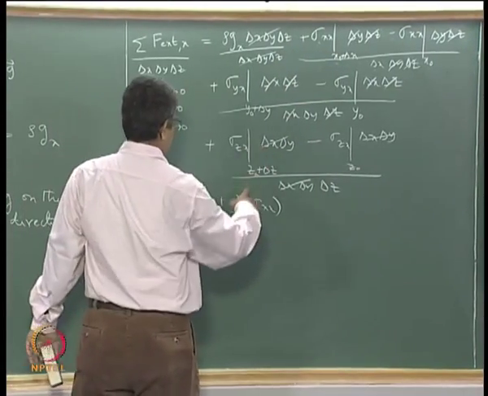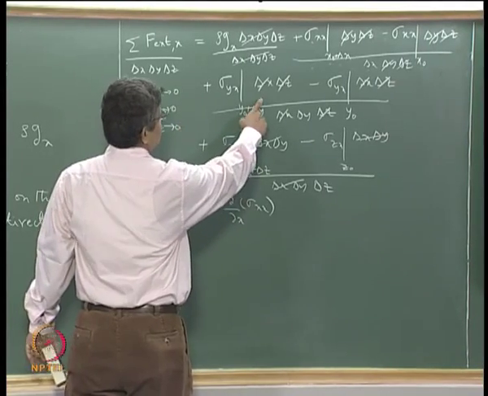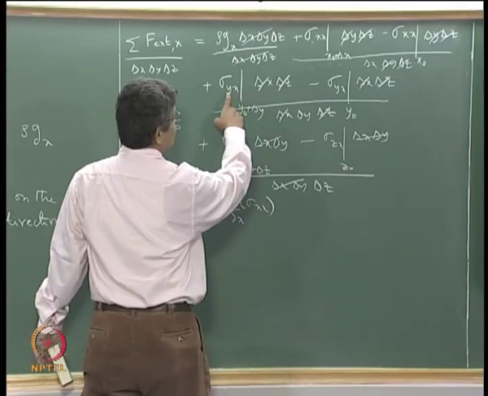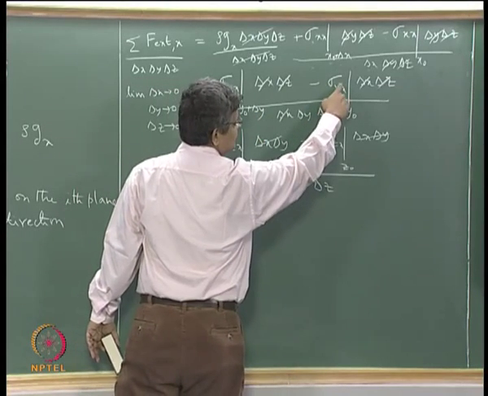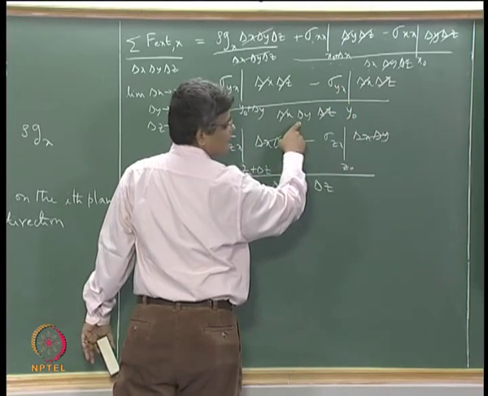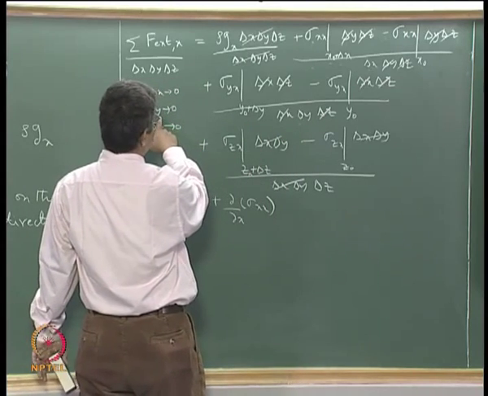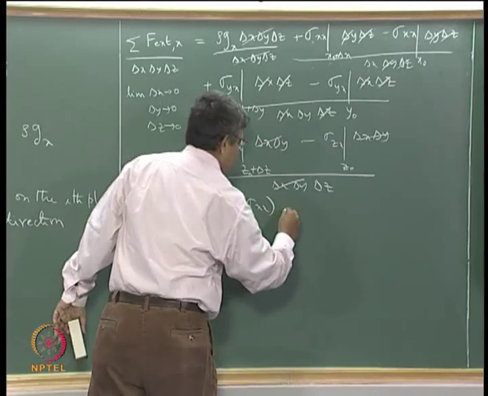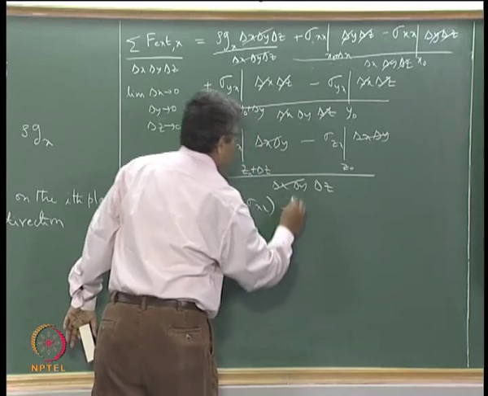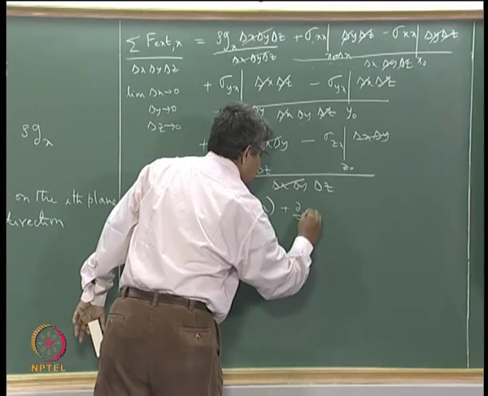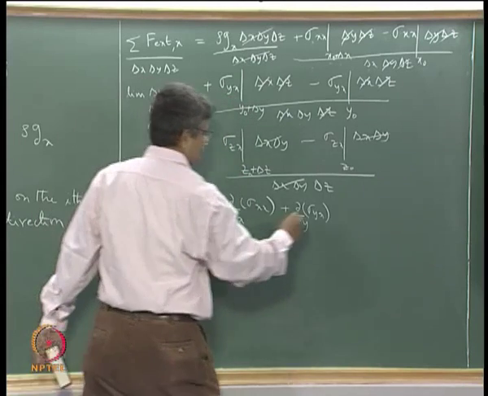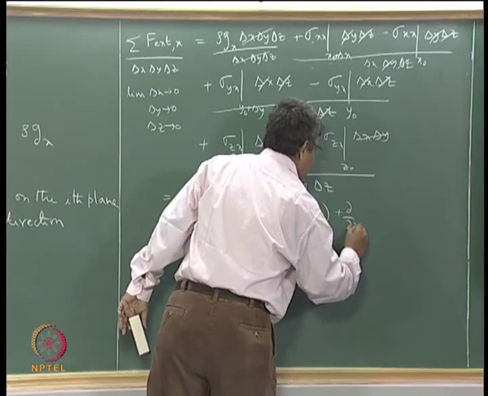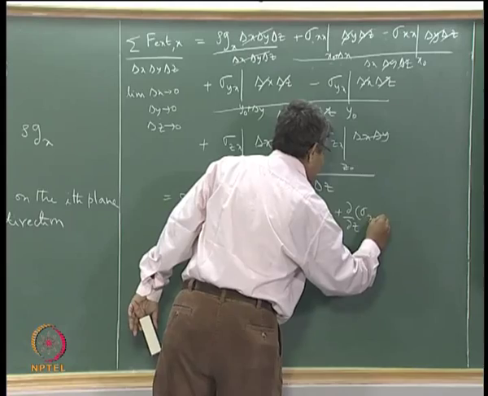And this one here is again sigma yx at y naught plus delta y minus the same quantity sigma yx at y naught divided by delta y, which in the limit as delta y tends to 0 will give us variation with respect to y of sigma yx, and this gives us plus dou by dou z of sigma zx.